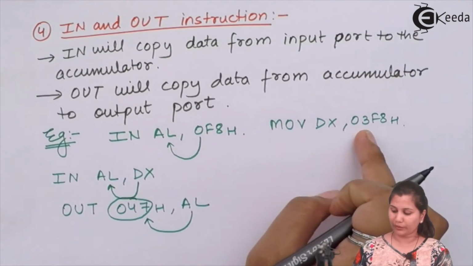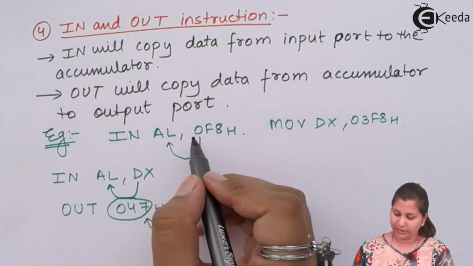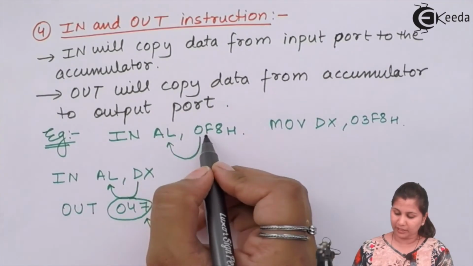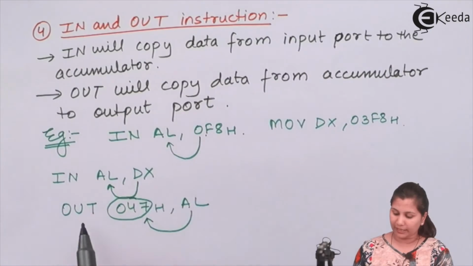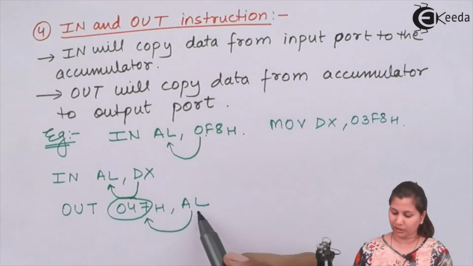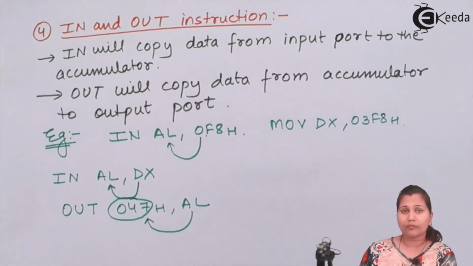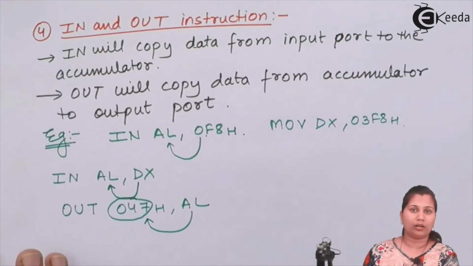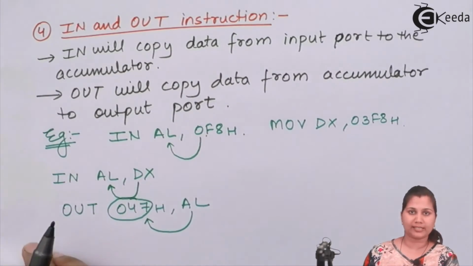First we are going to store the port address in some register, and then the data will be copied onto the output port. So in this way you can see that the IN instruction copies the data from the input port to the accumulator, and the OUT instruction copies the data from the accumulator to the output port. Here also the flags are not affected because just the transfer of data is taking place.